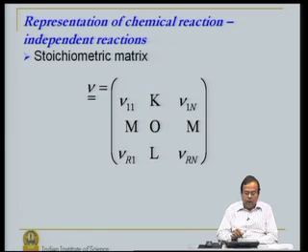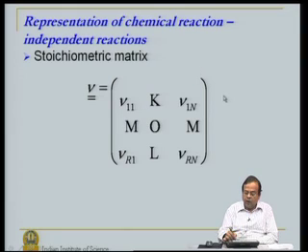That is, stoichiometric coefficients. So, what I have here is rows representing each of the reactions. This is reaction 1, this is reaction 2, this is reaction 3, and so on. And on the columns I have species 1, 2, 3, 4, 5 up to n.